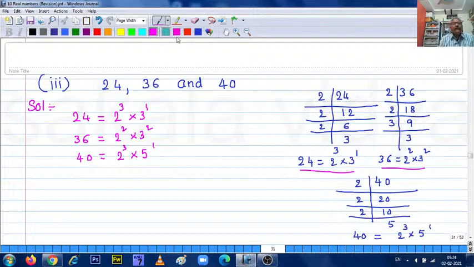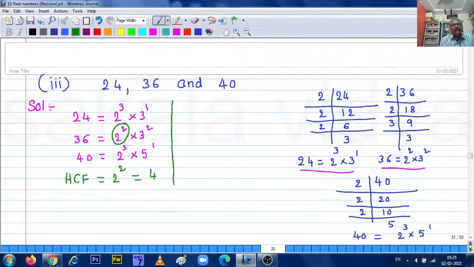Okay, now to find out HCF, you check the common. 2 cube, 2 square, 2 cube. Here 2 is the prime, common. Common means out of this, the least power you need to select. Least means 2 square. So HCF is equal to 2 square. 2 square is equal to 4.